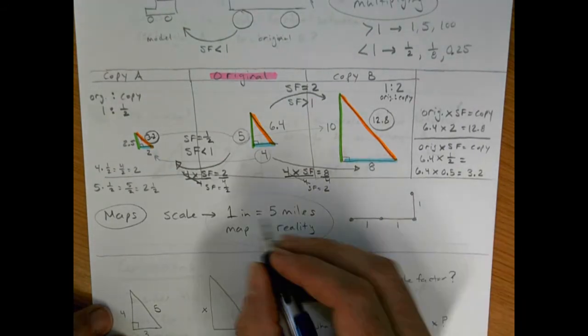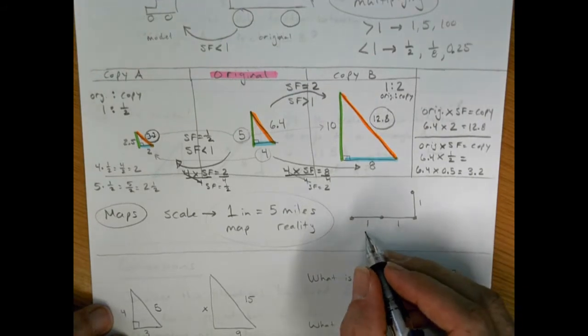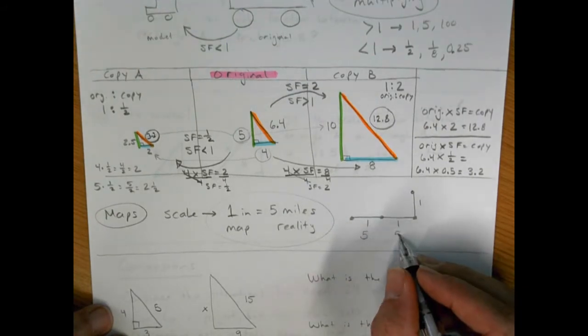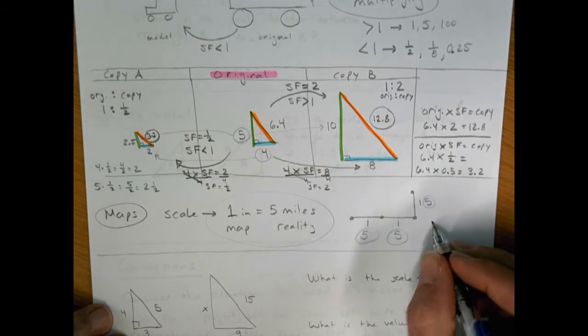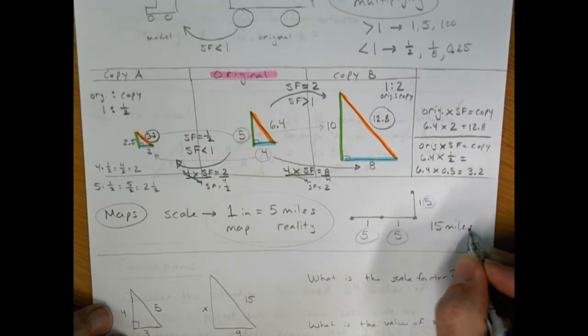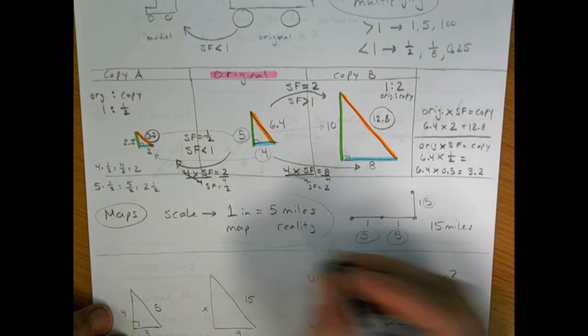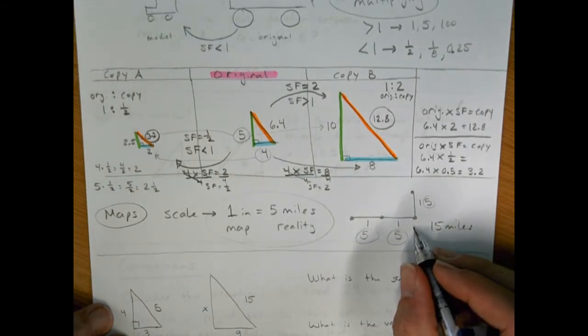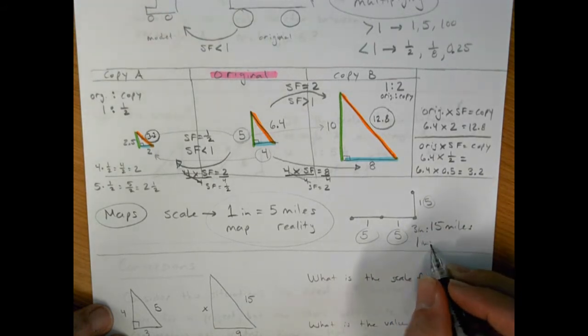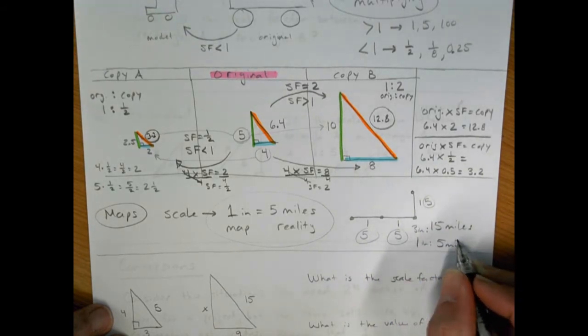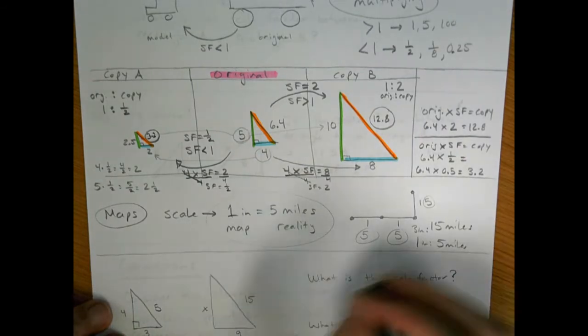Well, 1 inch equals 5 miles, so this is the same as 5 miles, 5 miles, 5 miles. So we would have a total of 15 miles, which is the same as 3 inches. So 3 inches goes to 15 miles, or 1 inch goes to 5 miles. That's how scales work.